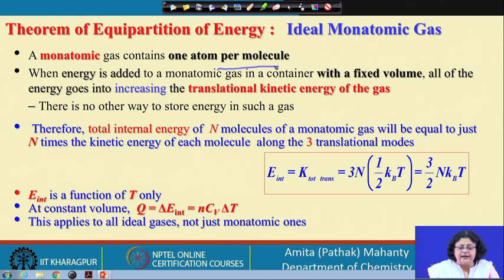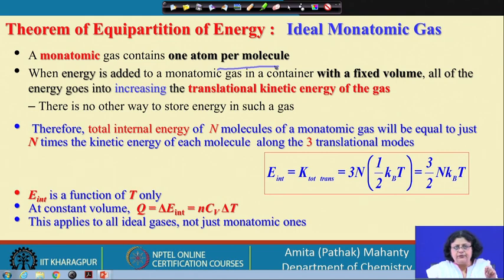When energy is added to a monoatomic gas contained in a fixed volume, all the energy goes to increase the translational kinetic energy of the system. Whatever energy you put in, it increases the translational kinetic energy of the gas.